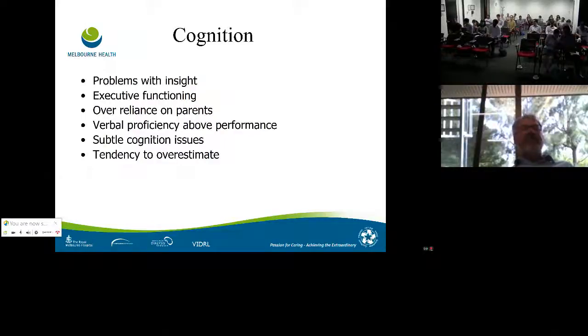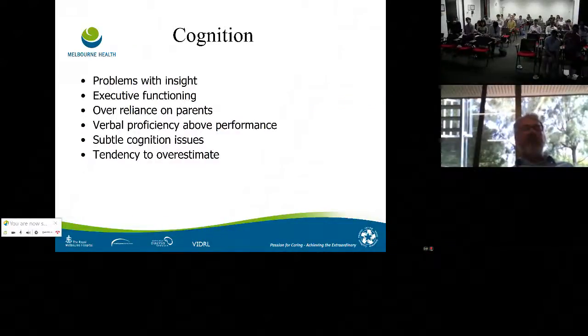I should say that the cognition problems are very much associated with neurosurgical issues, with the insertion of shunts, with shunt infections, or especially multiple shunt infections, or malformation or malfunctioning of the shunt.